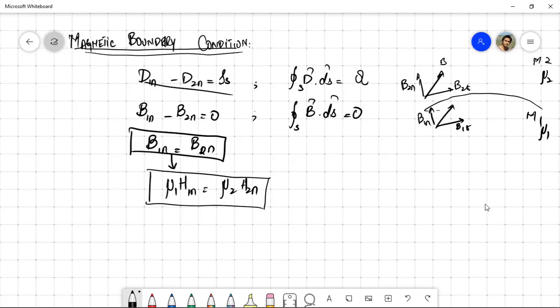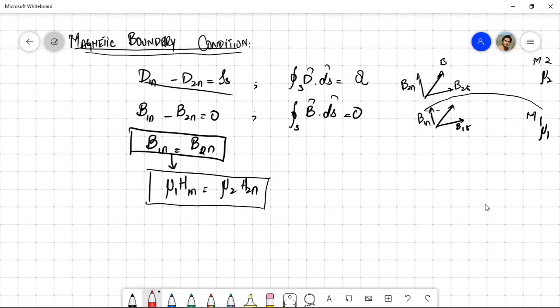So he's saying that we have a single boundary condition in which the normal component of the magnetic flux density is continuous. If we compare electrostatics and magnetostatics, the normal component of B is continuous across the boundary, but the normal component of D was not.